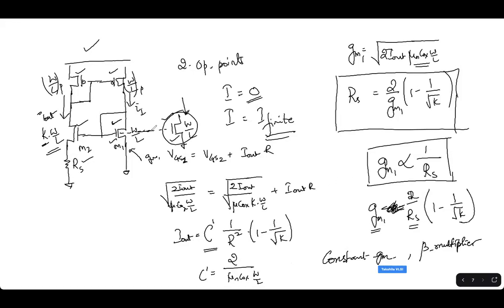This bias voltage is supply independent, and you can use it at multiple places to get the current mirroring. And because it is supply independent, we also call it supply independent biasing.